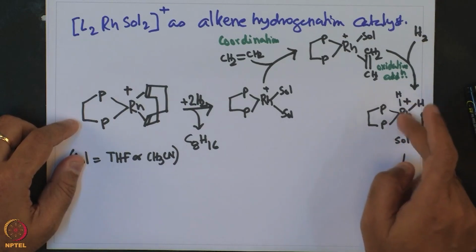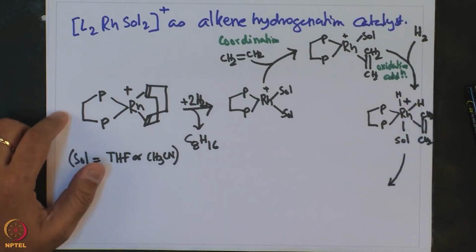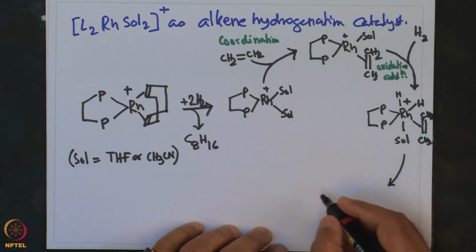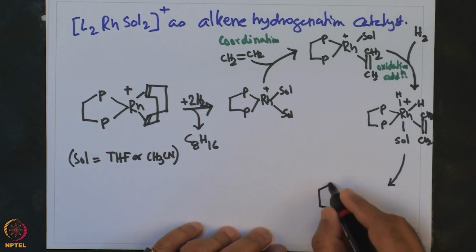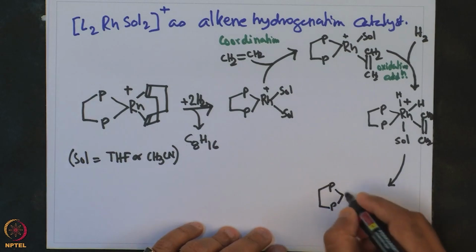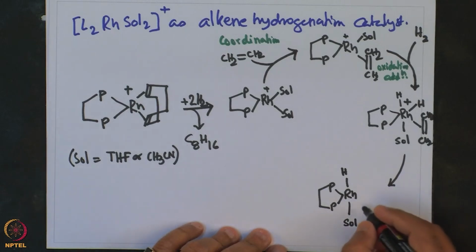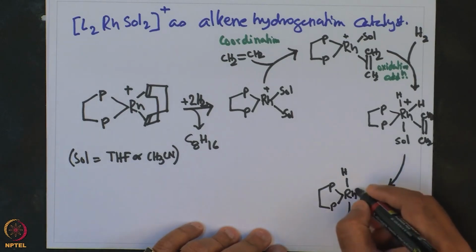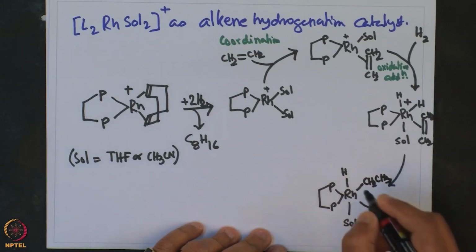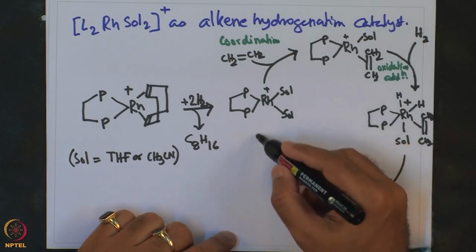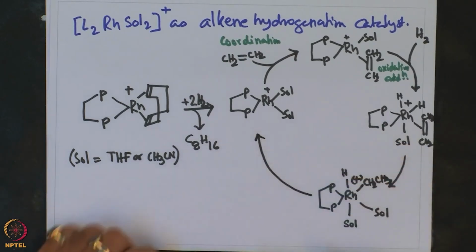This insertion of the olefin into the rhodium hydride bond takes place, giving rise to the rhodium ethyl moiety as shown here: rhodium hydride, solvent, CH2CH3 plus. This step is called the insertion step.